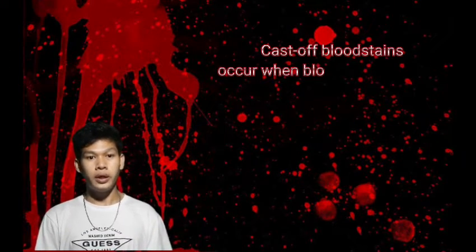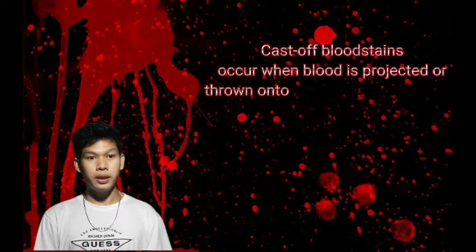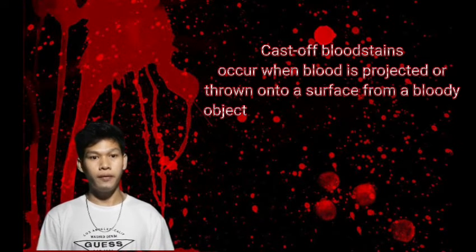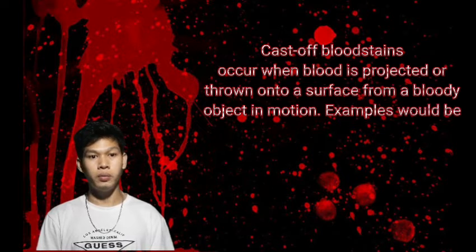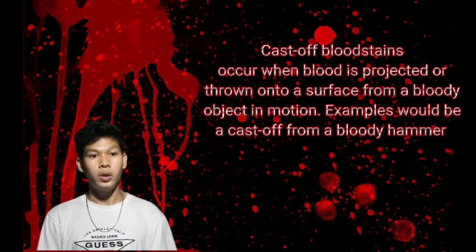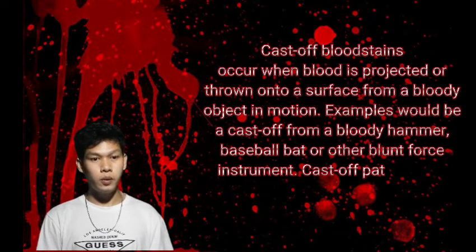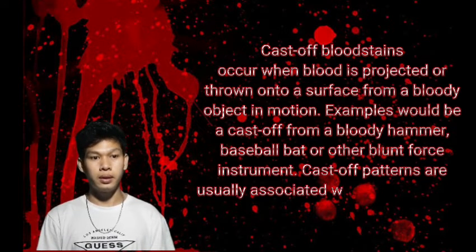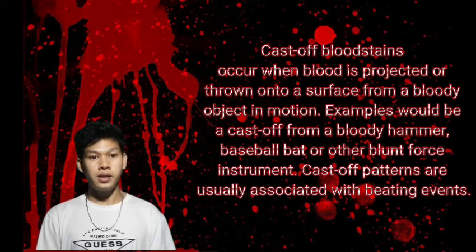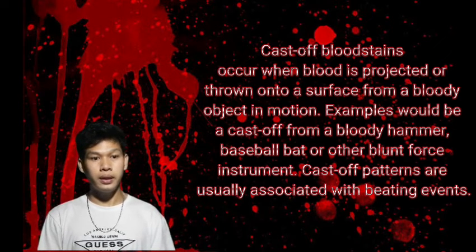Next is cast-off bloodstain. It occurs when blood is projected or thrown onto a surface from a bloody object in motion. An example would be cast-off from a bloody hammer, baseball bat, or other blunt instrument. Cast-off patterns are usually associated with beating events.